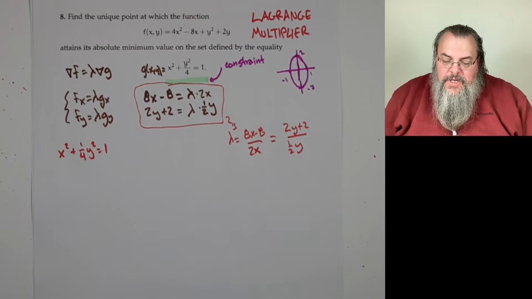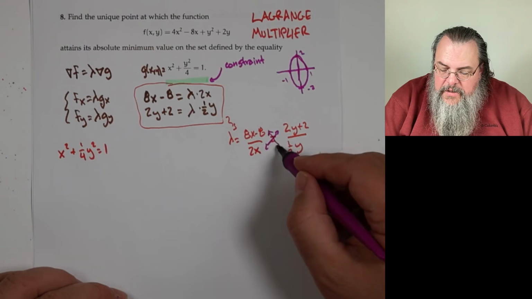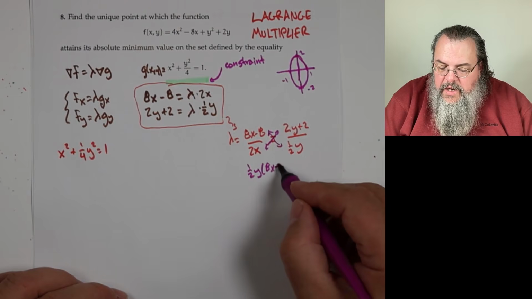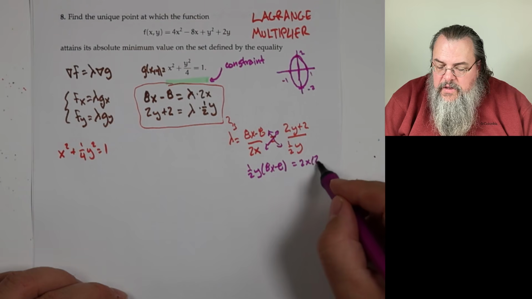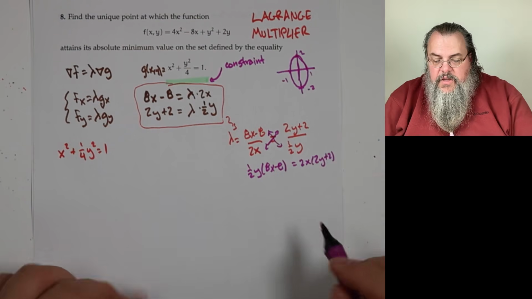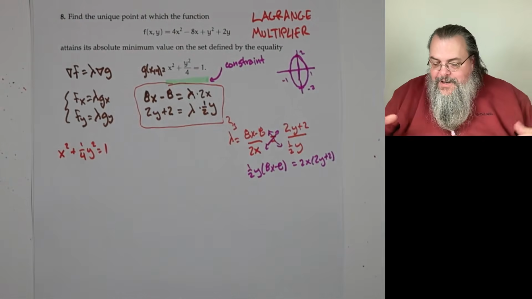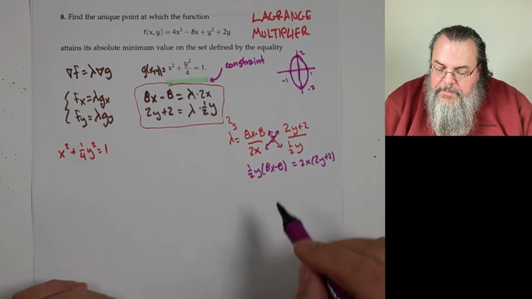All right, now from here, cross multiply, and we're going to get some equations. So we get 1/2 times y times 8x minus 8, and that's going to equal 2x times 2y plus 2. You might say, hey, those look like the pieces all sort of jumbled together. They are, and however you get to this, that's great. But the point is, get to it.